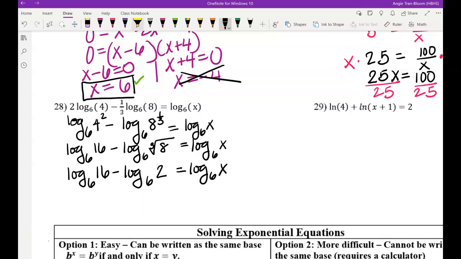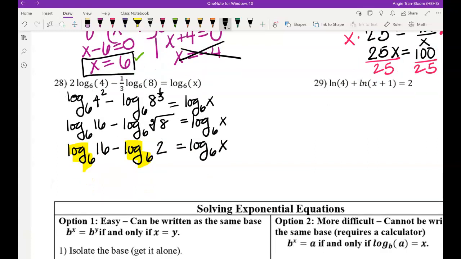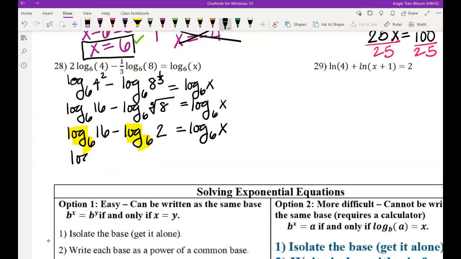And as you can see on the left side, we have 2 logs, and it is by a subtraction. So a subtraction in log will allow us to rewrite it as a division. So log base 6 of 16 divided by 2 equals log base 6 of x. 16 divided by 2, that's going to be 8.